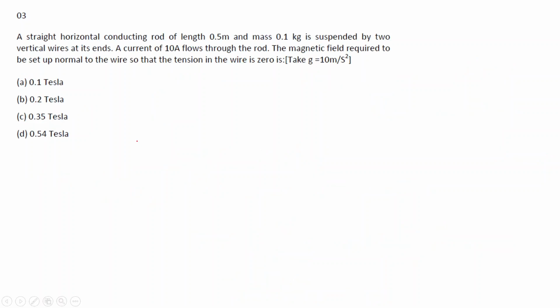Okay. Next question. A straight horizontal conducting wire. Let me draw here. There is a conducting rod of length 0.5 meters and its mass is 0.1 kg.